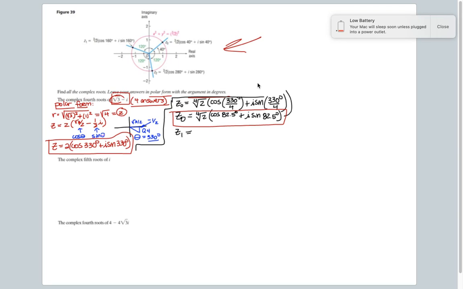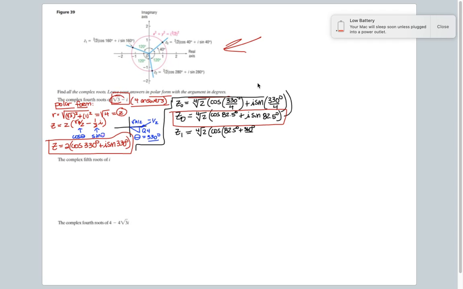Now I'm going to do the next fourth root, and that's going to be z of 1. So I'm going to do the exact same thing. The fourth root of 2. I'm going to take the cosine of, now I'm going to take 330 divided by 4, the 82.5 that I already did, and I'm going to add on to that 360 divided by 4.